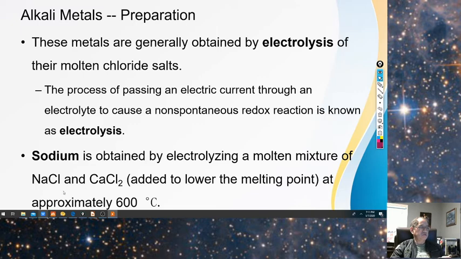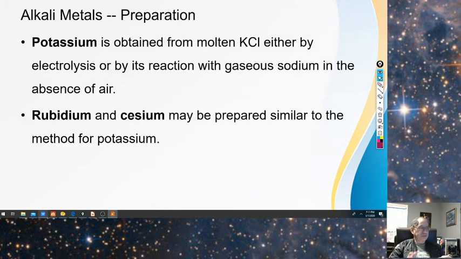So know about these two things that are used to make sodium, electrolyze, and then potassium comes from molten KCl, by electrolysis, by reaction with gaseous sodium. Okay, so how it's made, and then how they make rubidium and cesium, don't worry about those. Do not worry about rubidium or cesium.